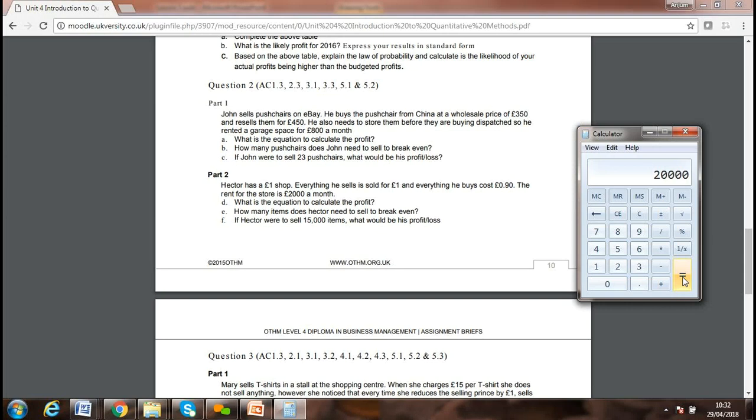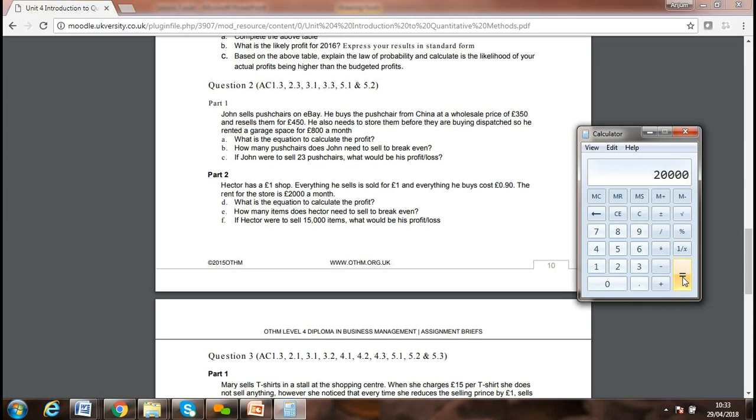So if Hector were to sell 15,000 units, okay, it means he's not earning any profit on it. So we'll have to multiply 15,000 by 0.1 and then get the answer and subtract the total cost, that is the fixed cost and the variable cost.